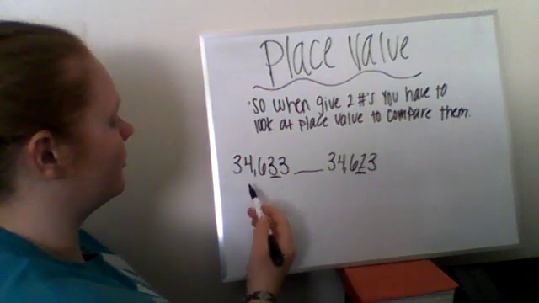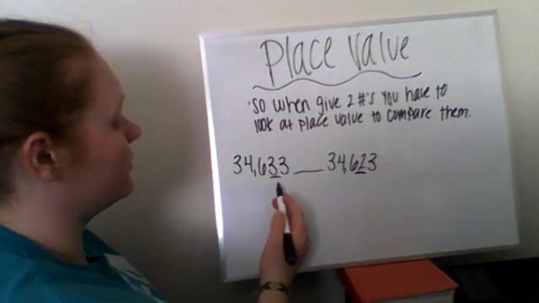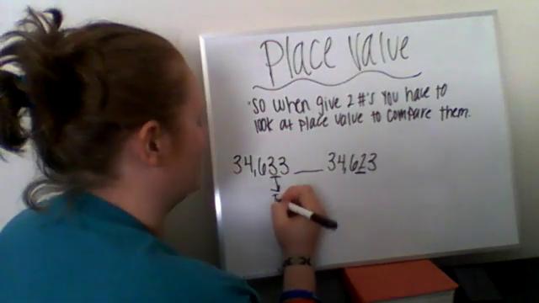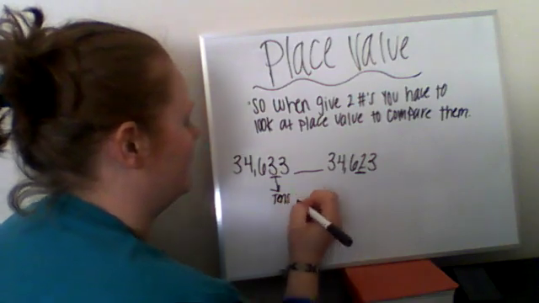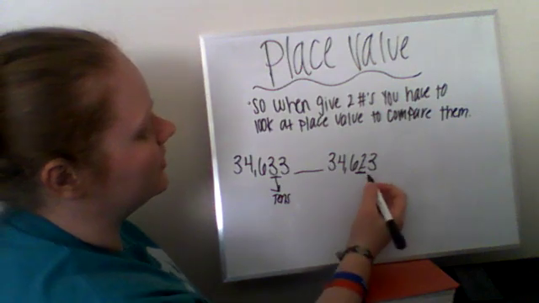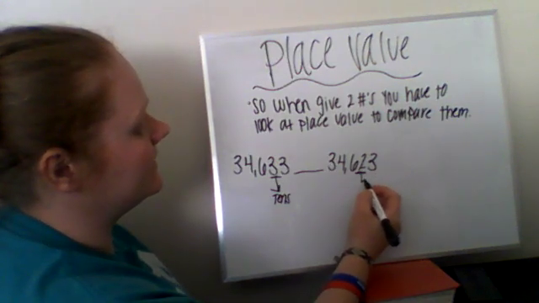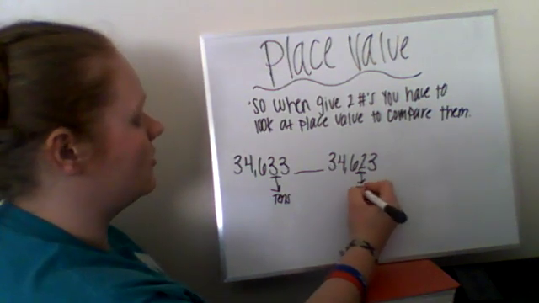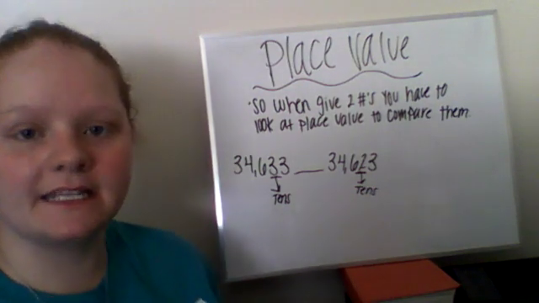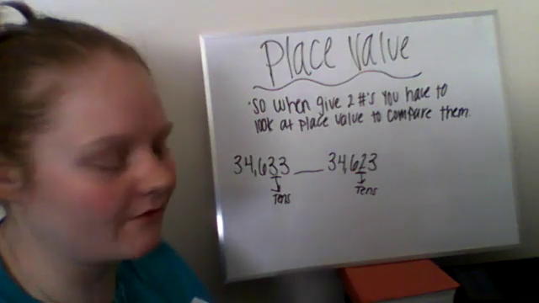In our first number, 34,633, my tens is a 3. Okay, so I'm just going to put this as my tens place. Over here with this number, 34,623, my tens is my 2. So the only number that is different in both of these numbers is my tens place value.